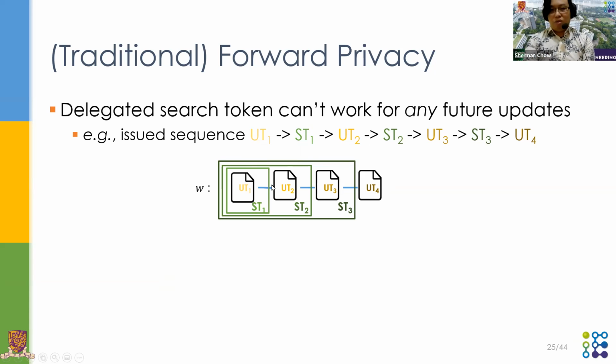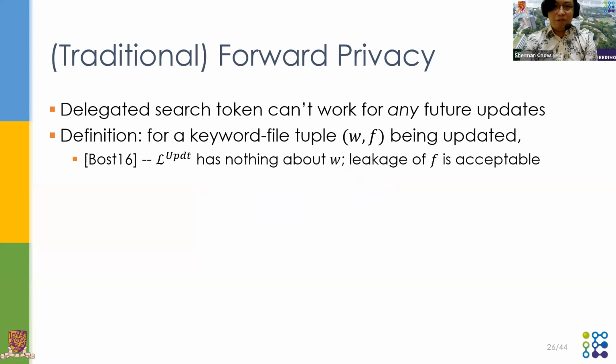Then the sequence goes on, UT2 and ST2, so that is still confined in this way. That is the forward privacy notion we want to capture. The old search token is always confined to the updates that happened before it. It cannot work for any future update. So here, this token cannot really identify UT4 that happened afterward. Okay, so that should be the basis for this audience.